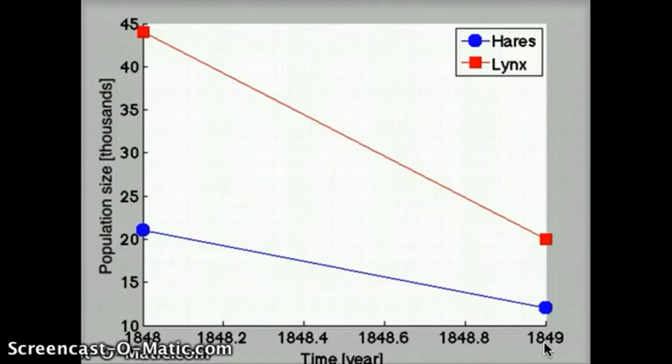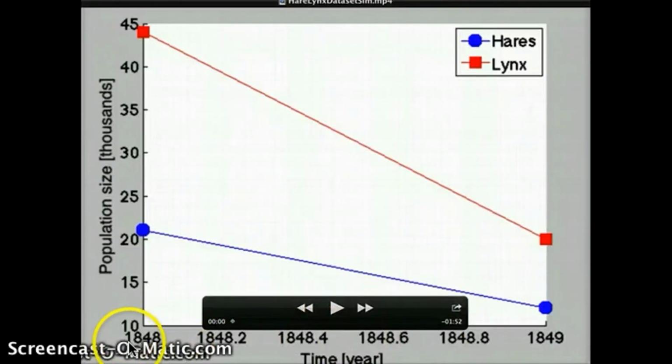The first observation was collected in 1848. And on the vertical axis, the y-axis, we're going to have the numbers. So in 1848, there were 21,000 hares and 44,000 lynx. Okay, and we can see how the next observation comes in 1849, and we're gonna see how this progresses in time.